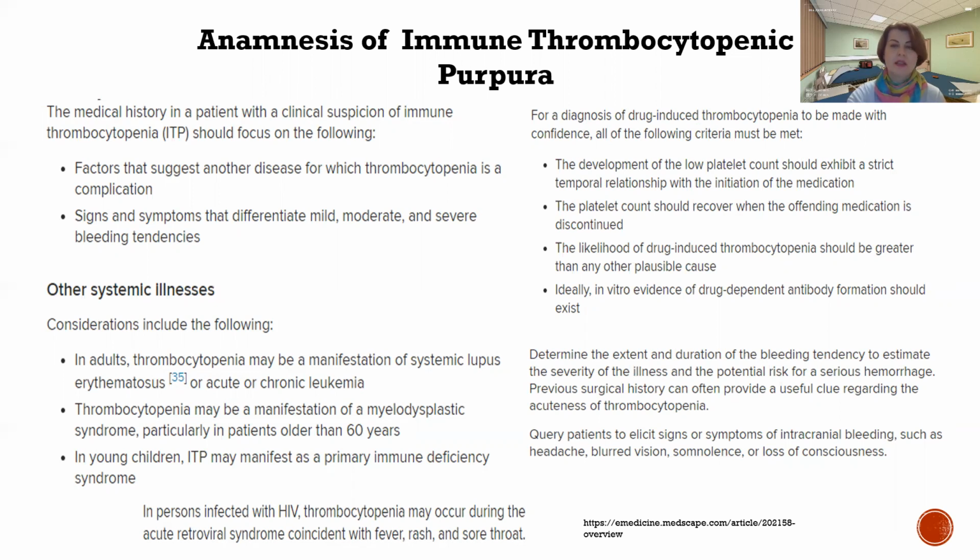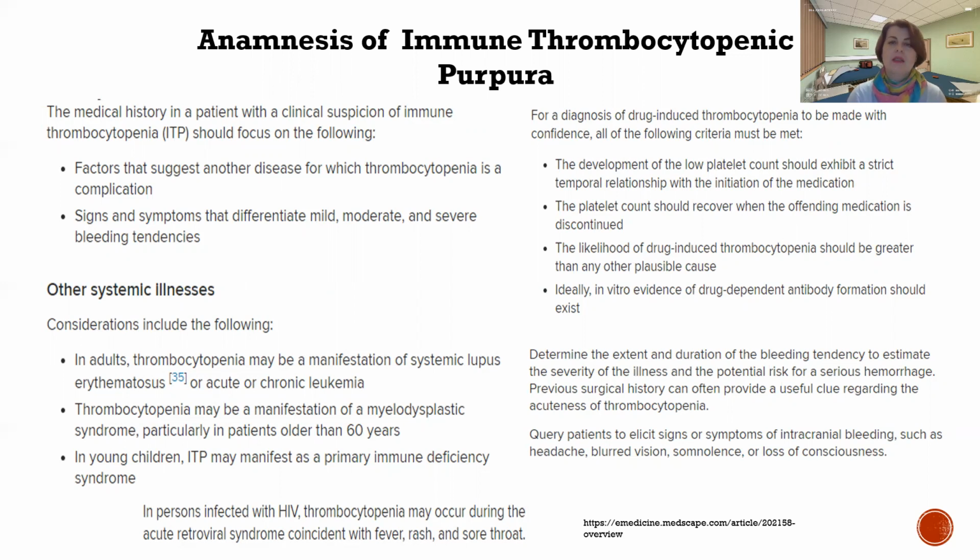In persons infected with HIV, thrombocytopenia may occur during the acute retroviral syndrome, coincident with the fever, rash, and sore throat. For diagnosis of the drug-induced thrombocytopenia to be made with confidence, all the following criteria must be met. We call them clinical criteria for making diagnosis.